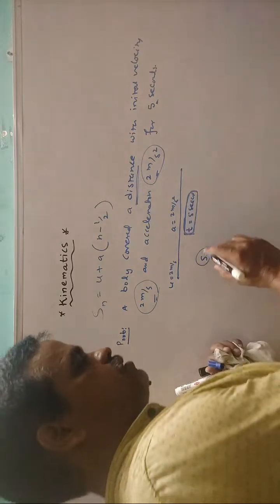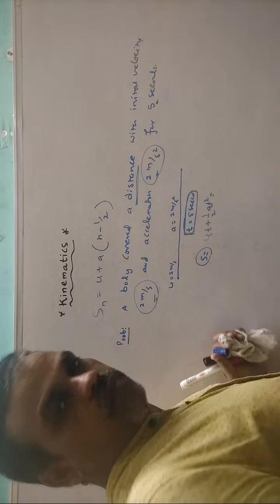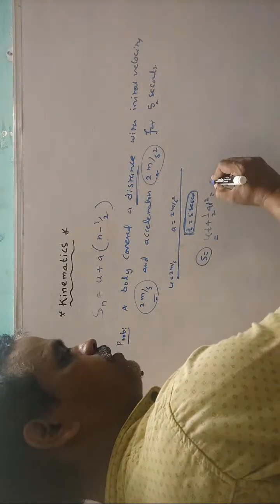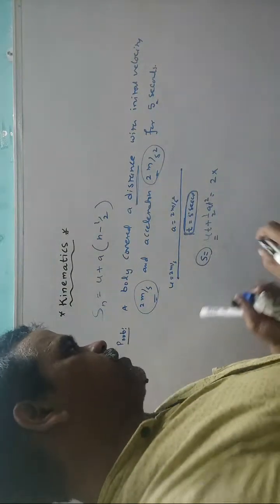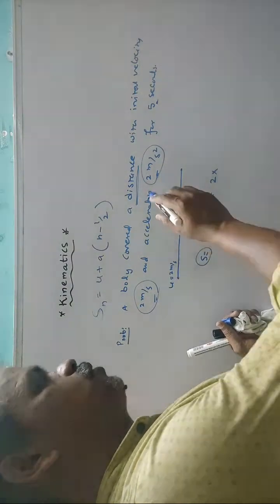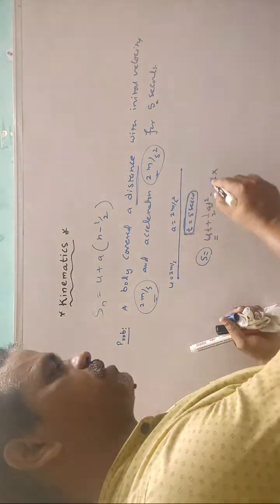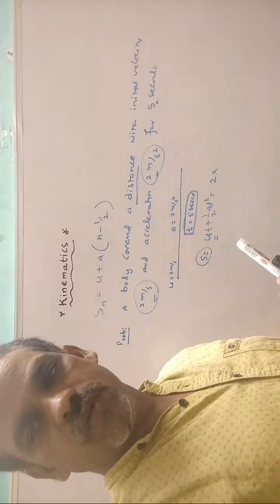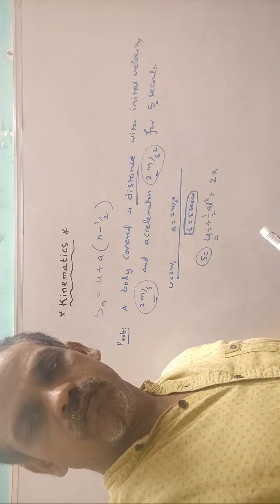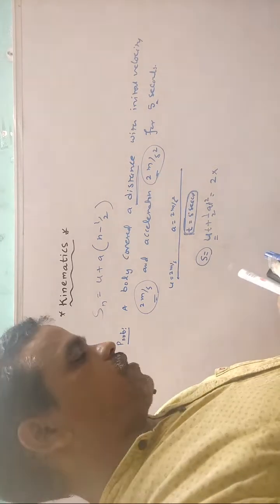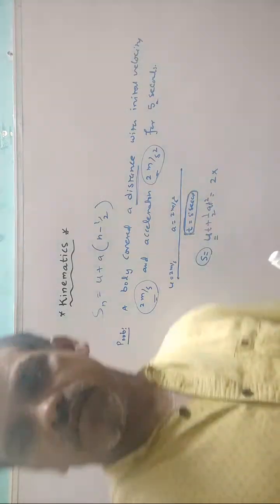So use s equal to ut plus half at square. Take u equal to 2 meter per second, t equal to 5 seconds, a equal to 2 meter per second square. Substitute and give me the answer first.